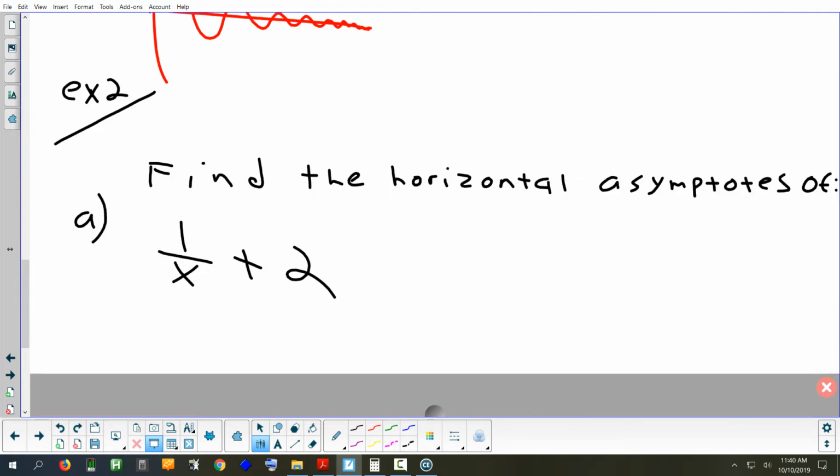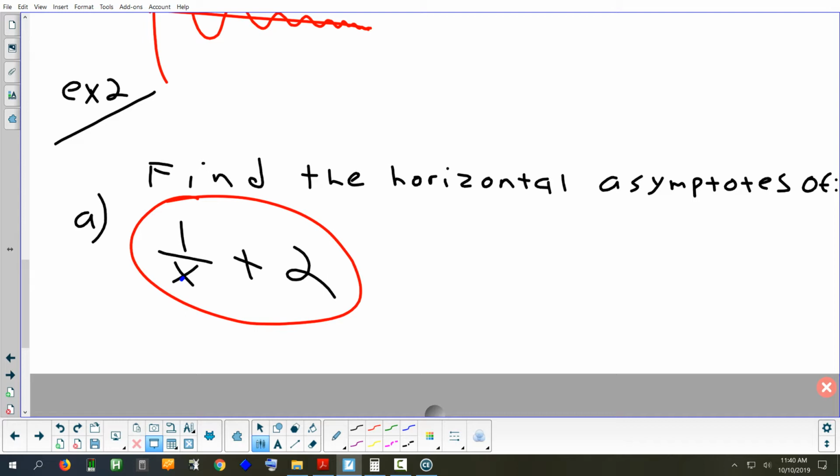So, let's see if we can find the horizontal asymptotes of this graph. Now, all we have to do in our head is pretend like x is getting really, really big and see what this expression gets closer and closer to. If x is 100, what's 1 divided by 100? 0.01. 0.01 plus 2 is 2.01.